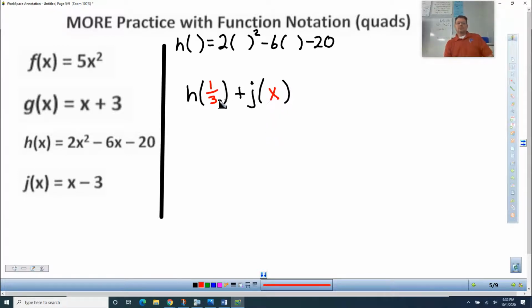All right, so what's going on here? So normally we had an x in all these three places, right? But now what's in here? Instead of an x is a 1/3. So what goes into those blanks? 1/3. That's what you do with that, okay? But I don't care if they say h of a gorilla.